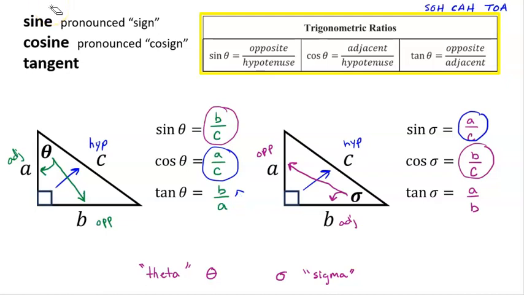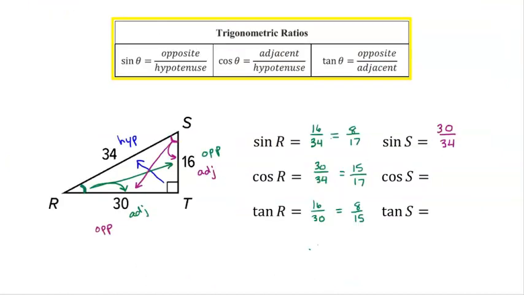Okay, so I know that the sine of S is going to be the same as the cosine of R. The sine of R is going to be the same as the cosine of S. And then for my tangent of S, I can just flip over the tangent for R. And now I don't even have to do all the extra work because I've already done it.